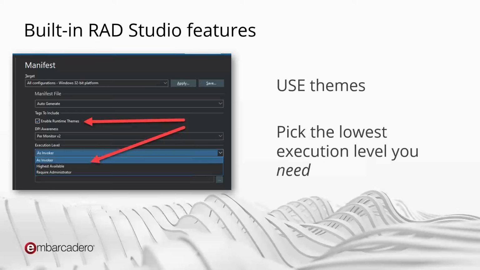If instead you say highest available, then it will take the highest possible rights. So they may have some kind of local administrator rights instead of the regular user rights. So if your app is launched by another app, it will ignore the previous app's rights and take the highest available rights of the user.